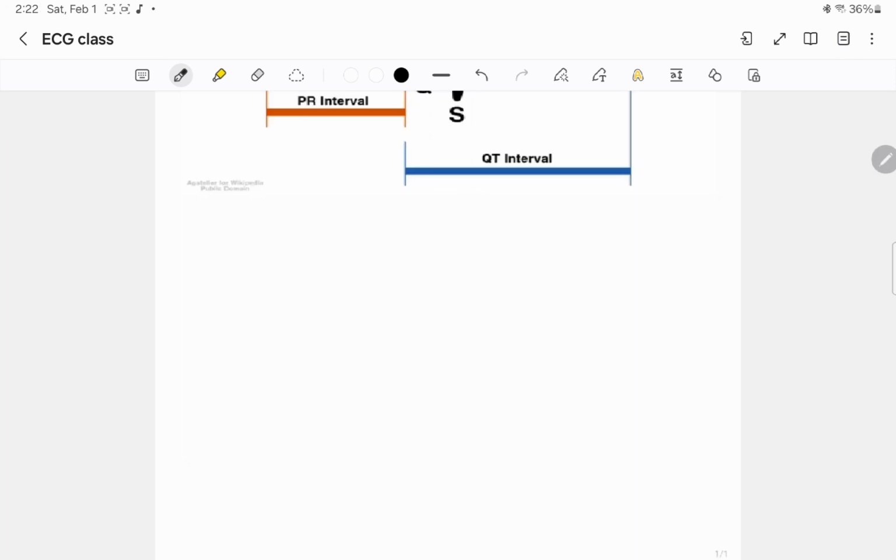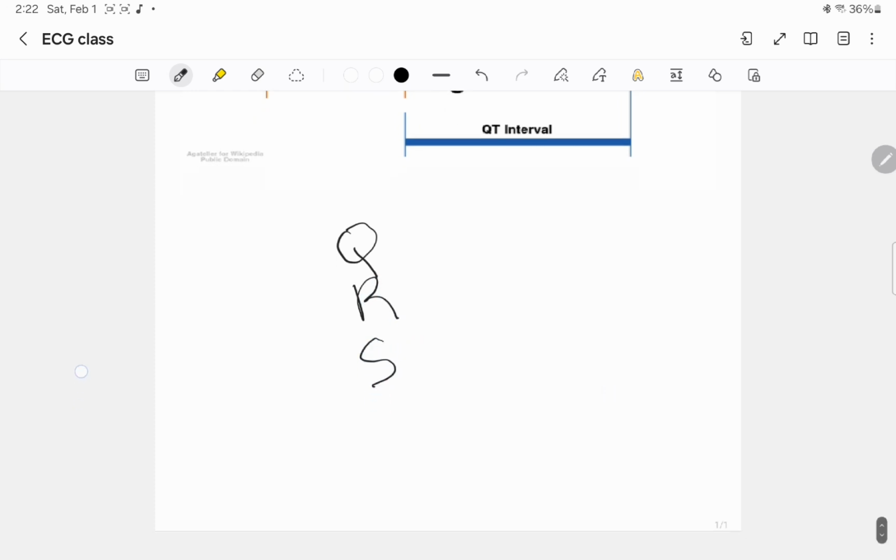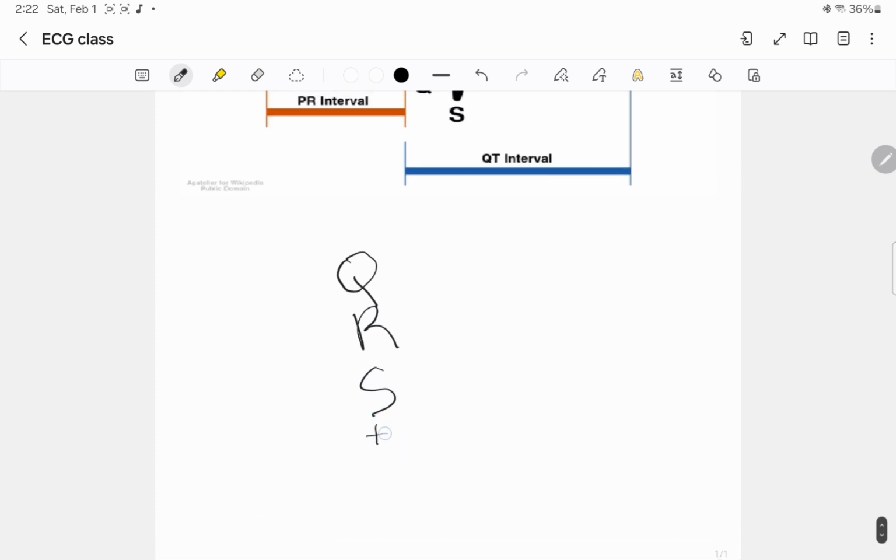So this approach is one way that we can analyze the QRS complex, right? Q, R, S, plus, where Q stands for Q waves, right? R stands for R wave progression.